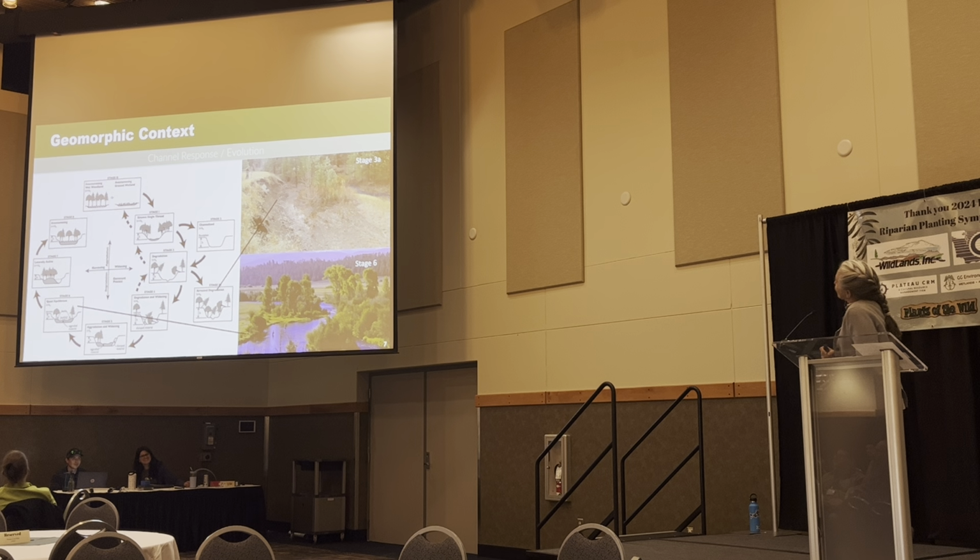Oh, well. So you might look at this photo over here. You've got this historical floodplain up here, massive incision. This is 10 to 12 feet. So you might think, oh, this is just a channelized system, but the vegetation is telling us something. The vegetation is telling us that there was a little bit of an inset floodplain here. There was some riparian vegetation, but these trees are about 15 years old.